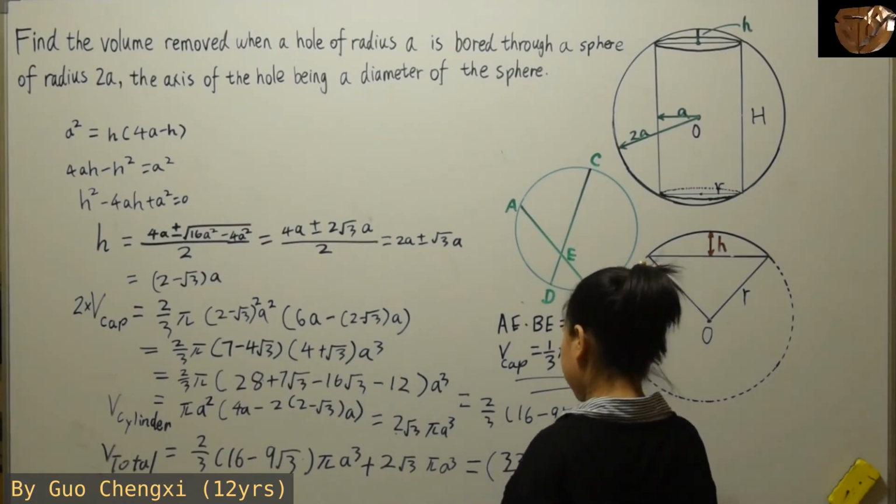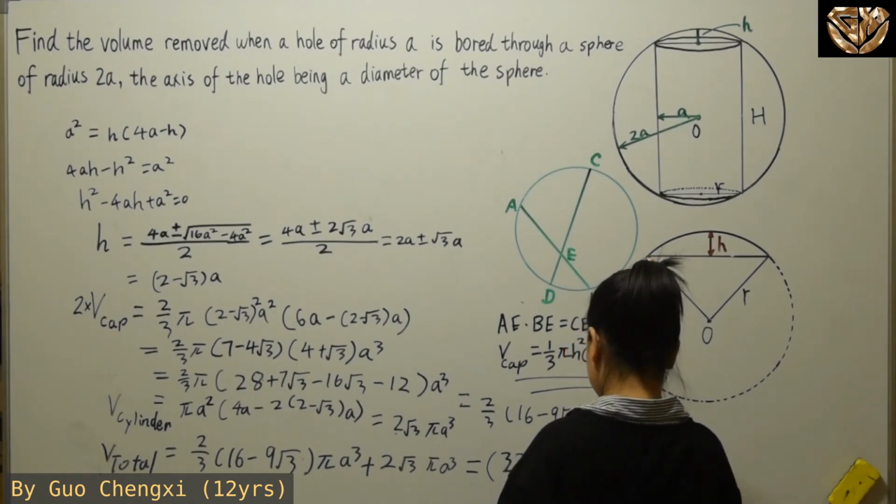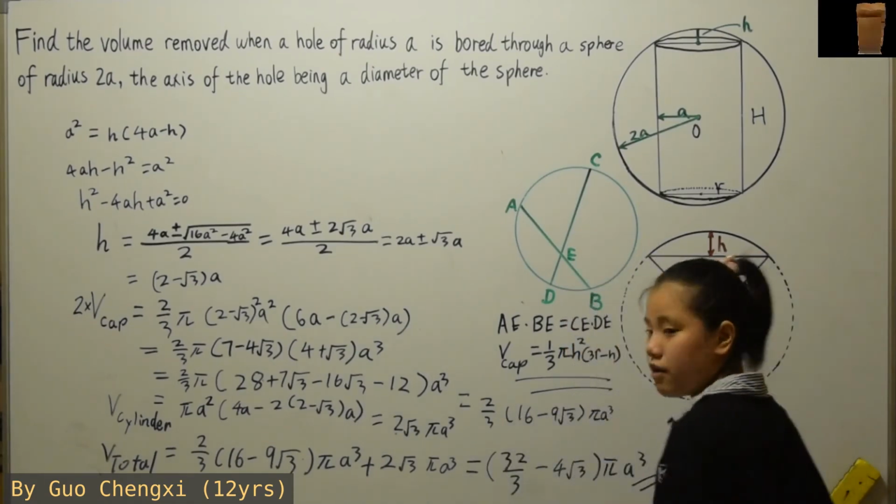It's going to be a negative 4 square root 3, and then pi a cube. And there we have it, our result.